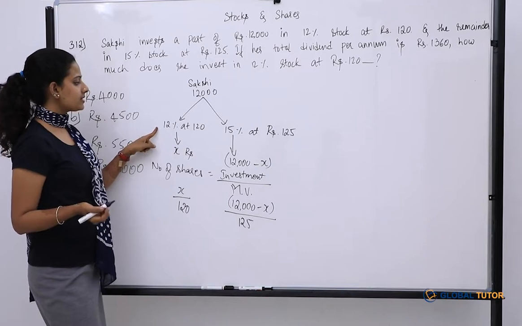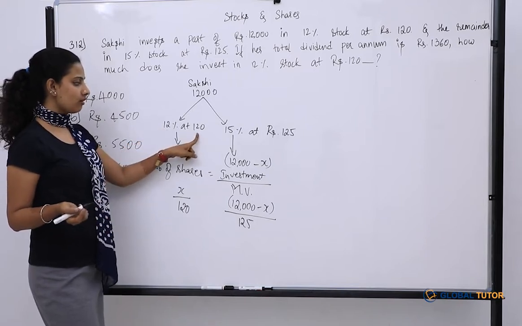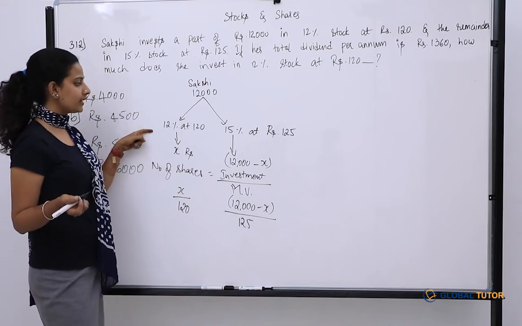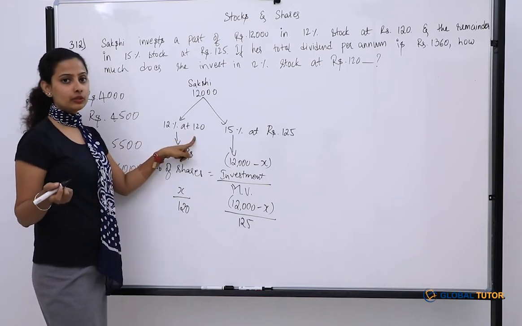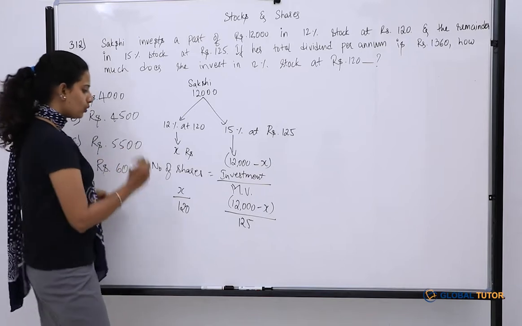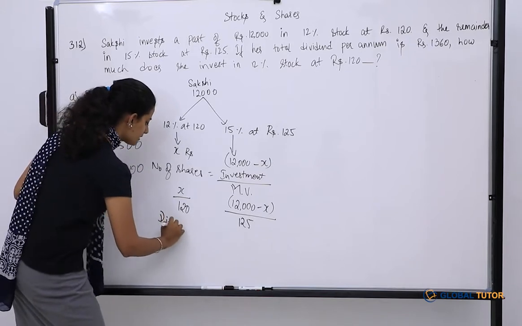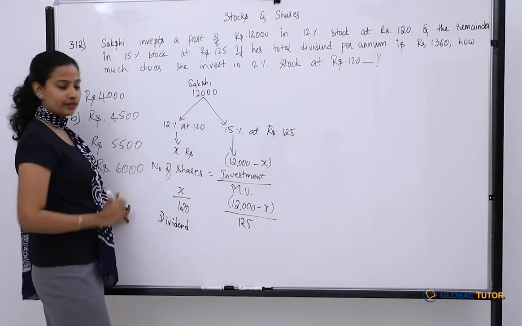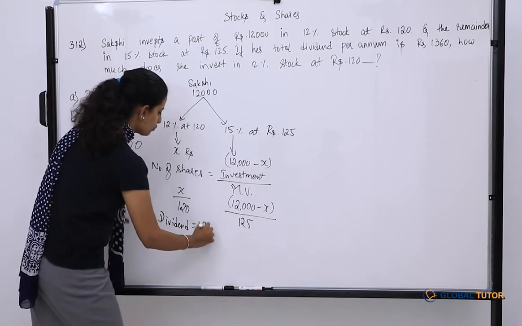In the first case, it is 12% stock at 120, which means the dividend is 12% and nominal value here will be 100. So the dividend in this case will be 12 by 100 into 100, so that is 12.